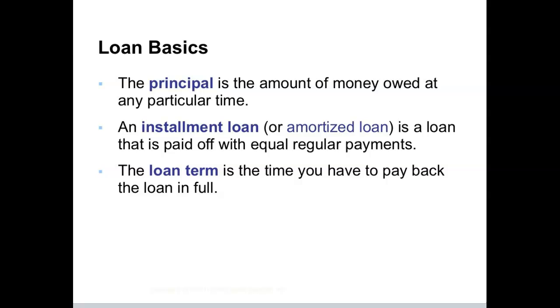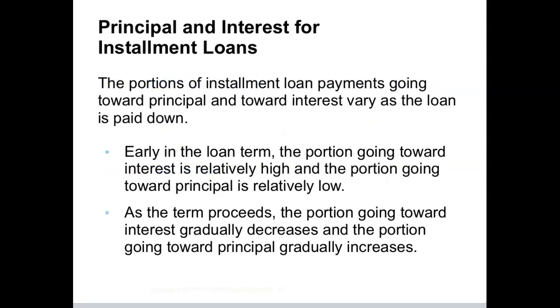Okay. All right, so the loan term is the time you have to pay back the loan in full. As you can see, the amount of an installment loan payment going towards principal and towards interest varies as the loan is paid down. If you're paying equal amounts, early in the loan term the portion going towards interest is pretty high, and that going towards principal is pretty low.